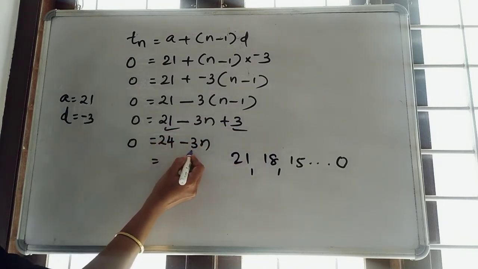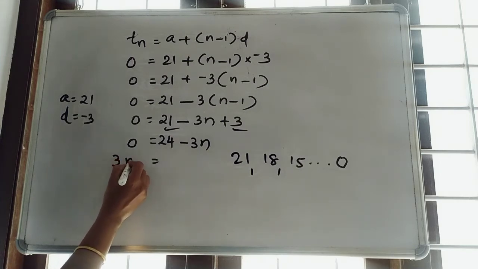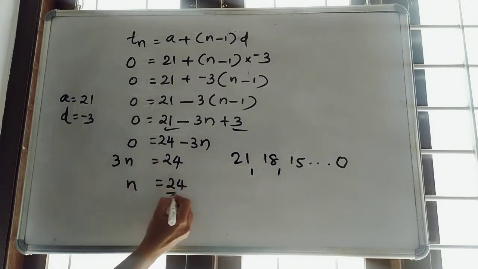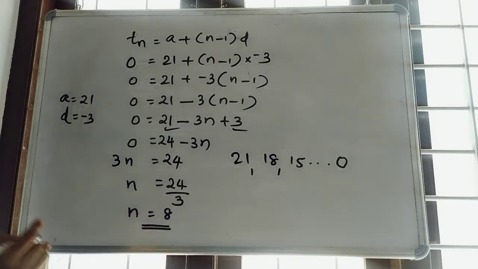Since it is negative, we can take this to the left side, so it becomes positive. So 3n is equal to 24. So n is equal to 24 divided by 3. 24 divided by 3 is what? 8 into 3 is 24. So n is equal to 8.